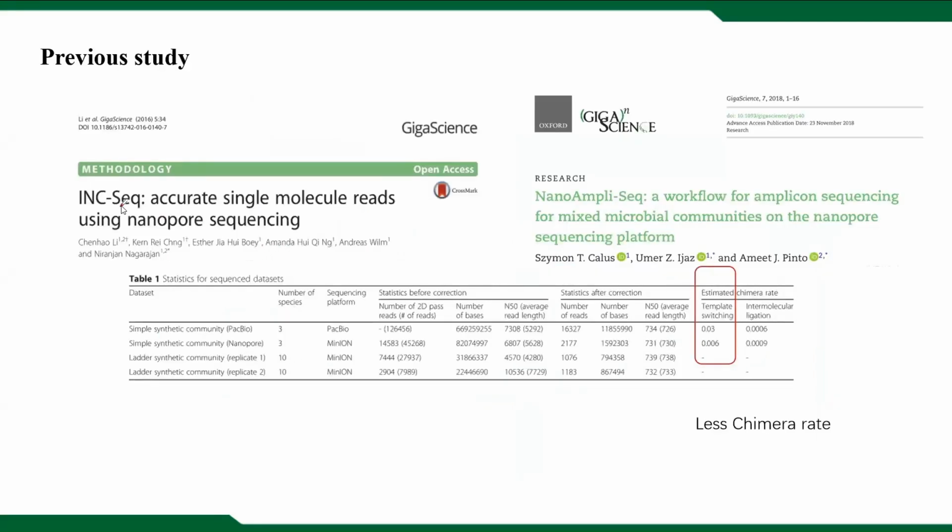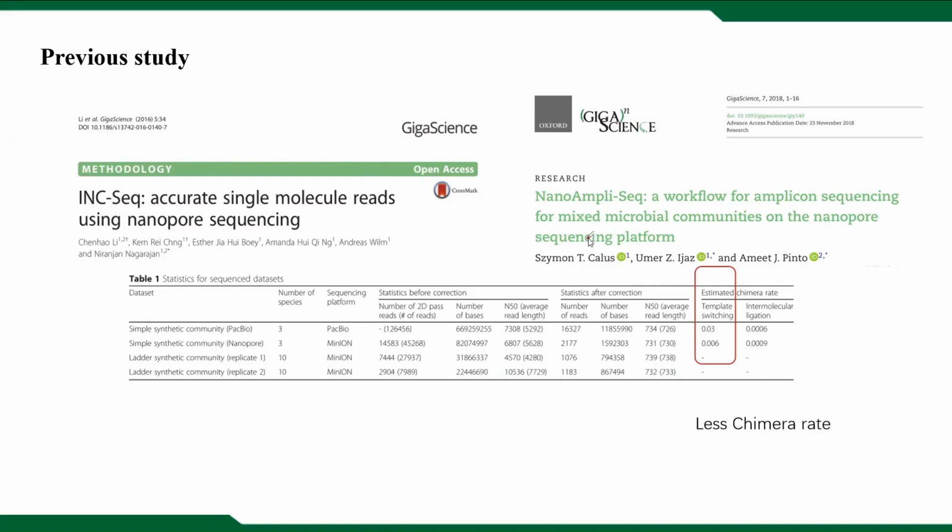In the past, nanopore sequencing had a high error rate, and the research on nanopore 16S mainly focused on two aspects. The first was to improve accuracy through experimental methods, including INC-seq amplification or unique molecular identifier technologies, and to improve accuracy through multiple sequencing corrections, especially regarding chimeric proportion.